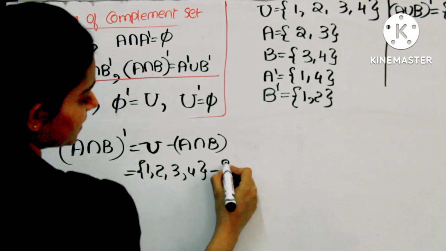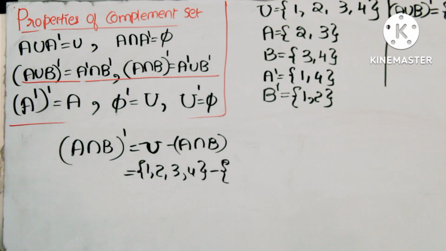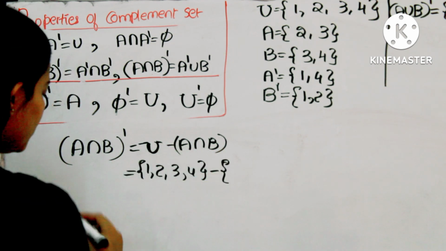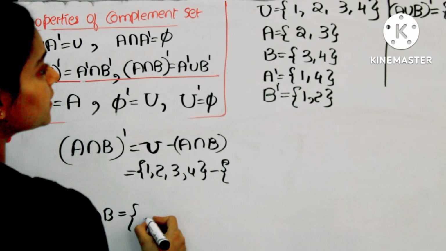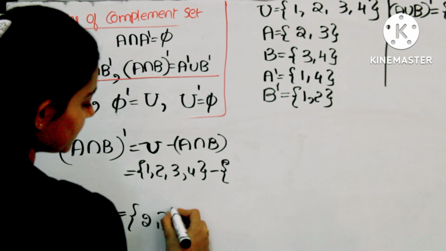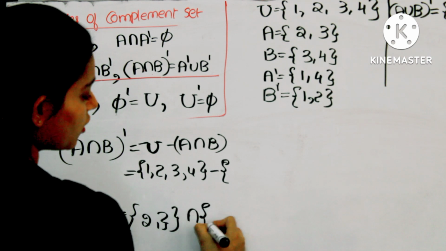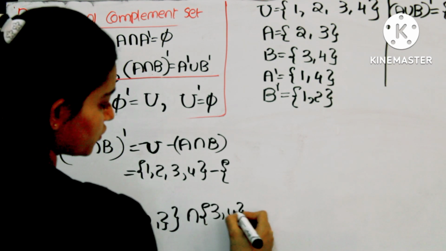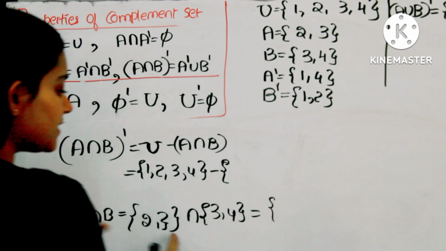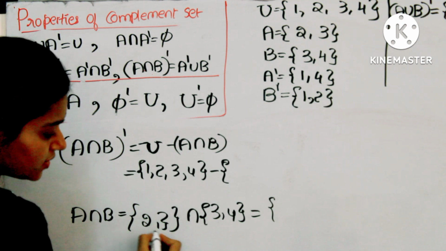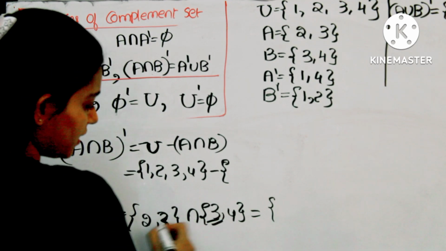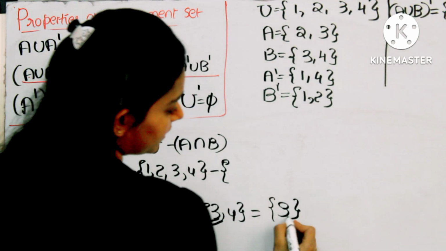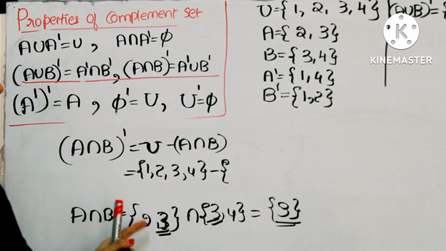First we have to find A intersection B. A is 2, 3 and B is 3, 4. Intersection means the common terms, so we write those. Here 3 is common in both. Therefore 3 is A intersection B.